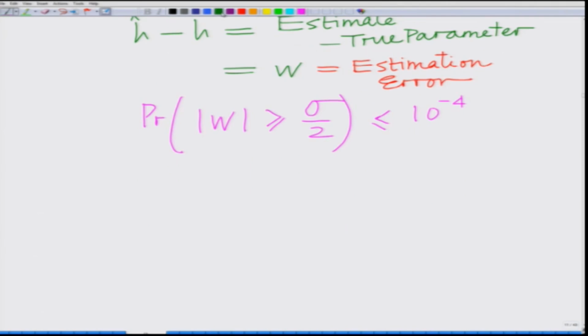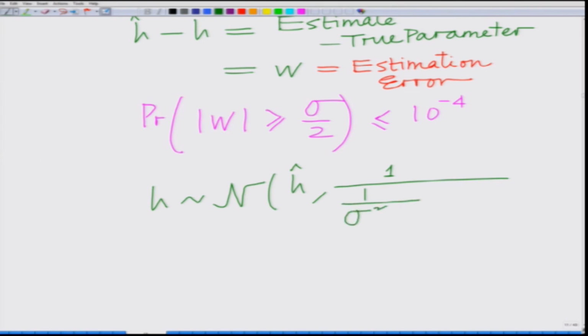Now, recall that H is Gaussian distributed with posterior mean H hat, and we have already seen this for the wireless sensor network. The variance is given by the MSE, that is 1 over sigma square by n plus 1 over sigma H square.